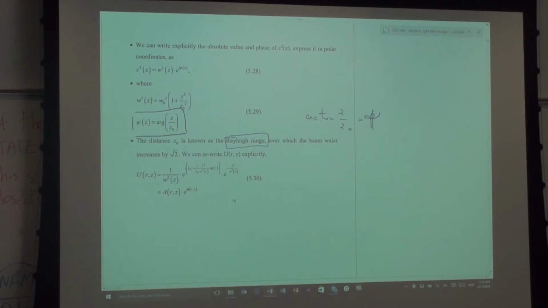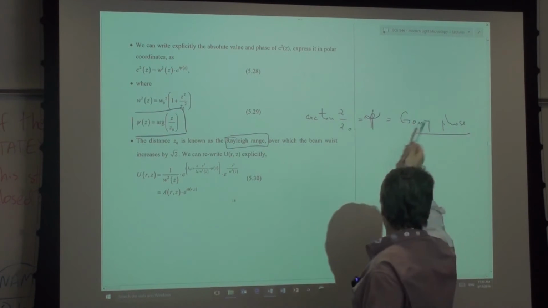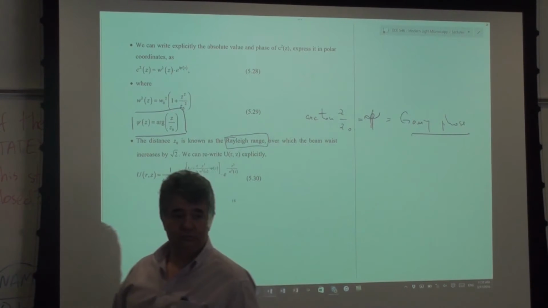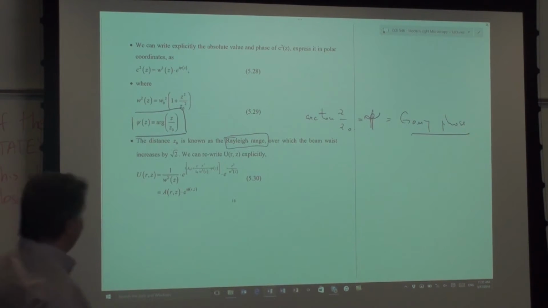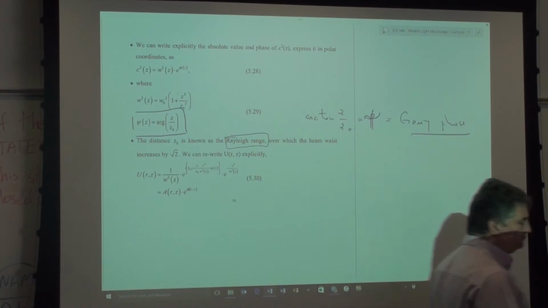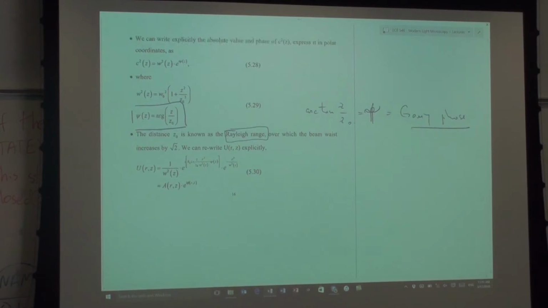This is called the Gouy phase. From a person named Gouy, French, who discovered this effect more than 100 years ago, or about 100 years ago.